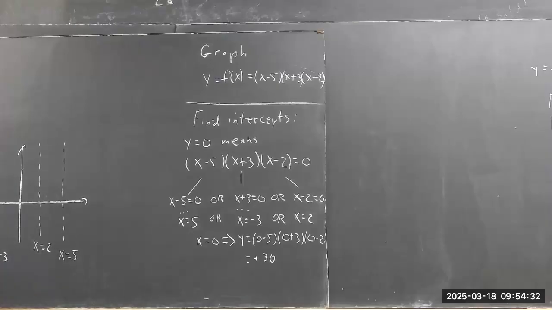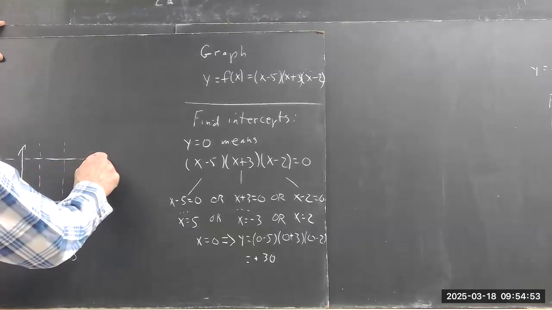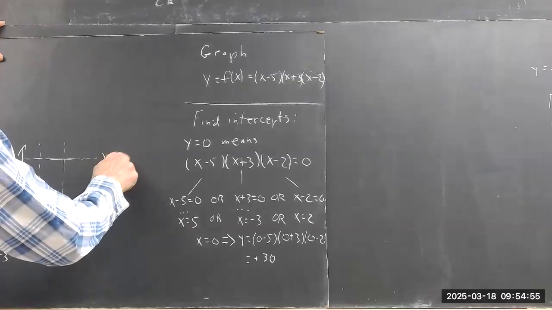When you're graphing polynomials, it's very frequent that your zeros, your x-intercepts, are between -10 and 10, and you get a y-intercept in the thousands. That's not in the thousands this time, it's 30, but 30 is big enough. So I'm just going to put y equals 30 here.